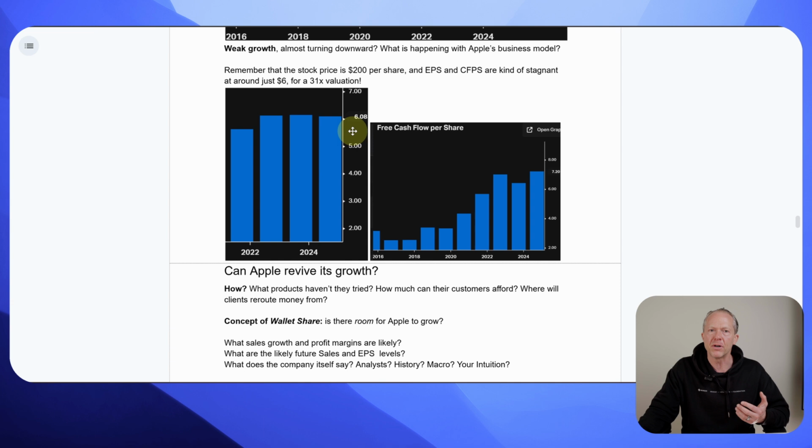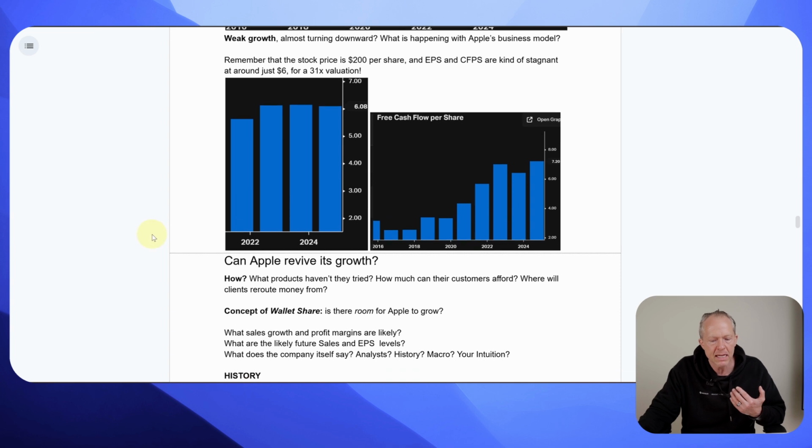And remember, this is a $200 stock, and they're hovering around a $6 EPS or free cash flow. Just look at these annual numbers, just staying stuck here at $6 per share. Free cash flow per share is a little bit more. You need more detail to go into exactly why it's sometimes higher, sometimes lower than their earnings.